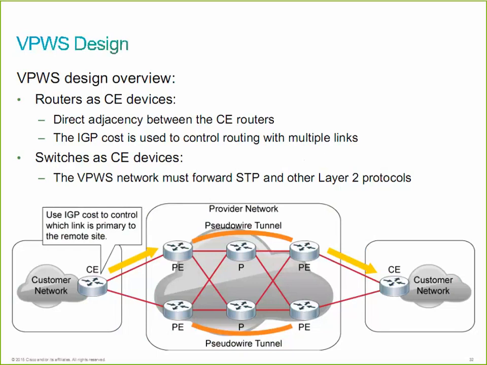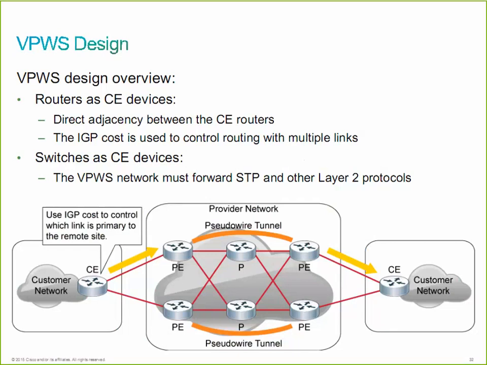We don't have to exchange routes with the service provider or nothing. All of the convergence and all the control is under the customer's control. All right. If we have multiple links to the WAN from CE routers, we can actually influence which link would be the primary link and which link would be the secondary link as well. So there are quite a few benefits to operating in this layer 2 mode. All right.